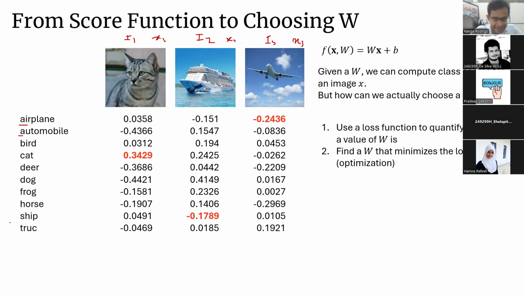So you can see in this one, this is the cat score. Is it the highest? Fortunately, it is the highest. In this one, this is the ship score, but this one is the highest.